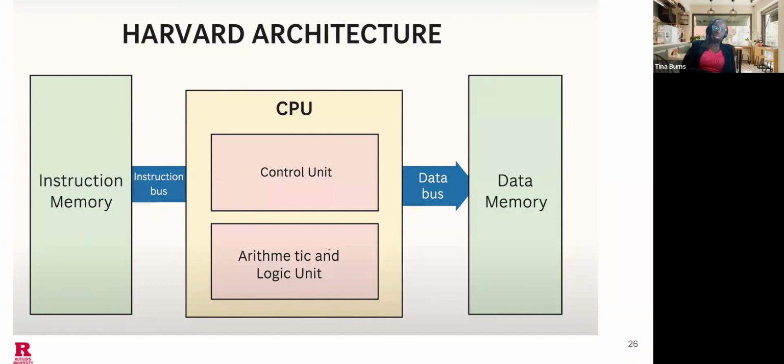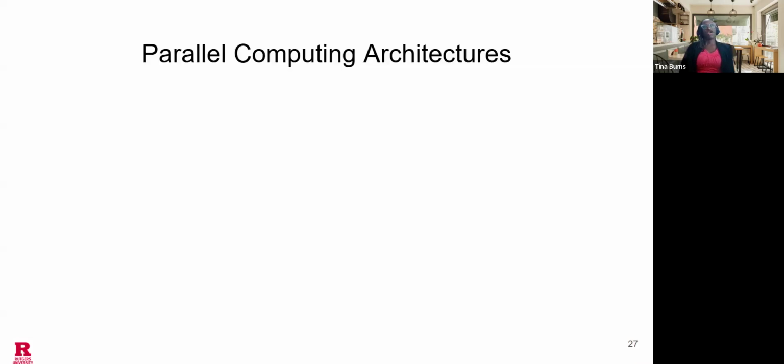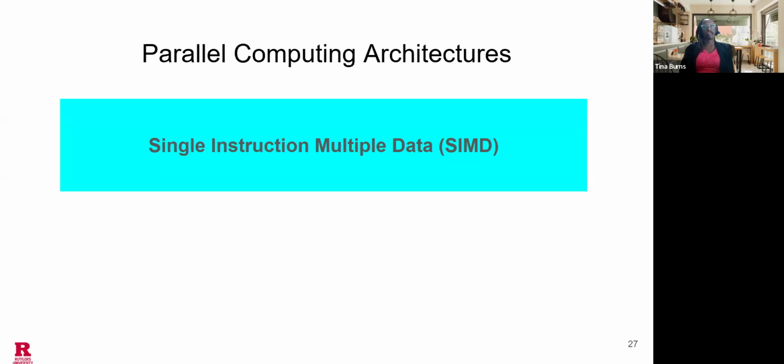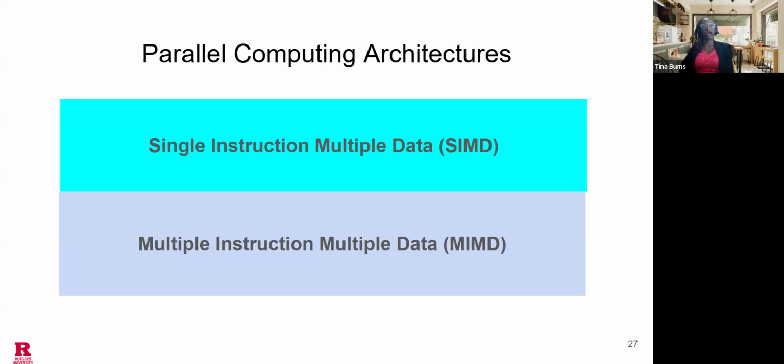Another way that we can enhance our computing ability is by doing something called parallel computing. Two of the common types of parallel computing architecture are single instruction multiple data, or SIMD, and multiple instruction multiple data, or MIMD.